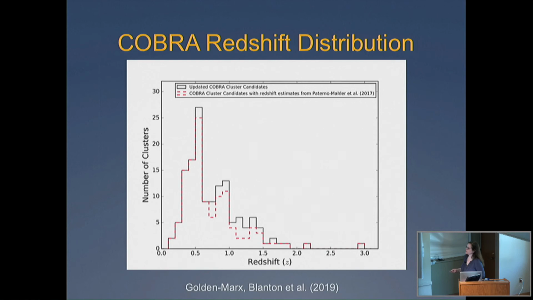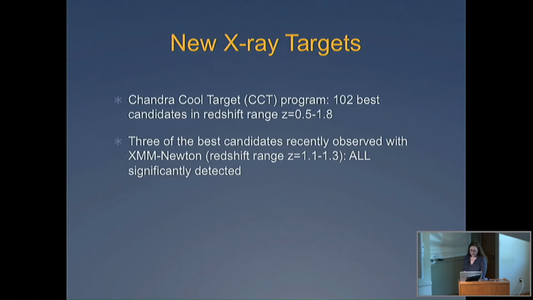You can see that there still are a lot at around a redshift of 0.5 that we're starting to populate these higher redshifts. And the black is the distribution when you combine the optical and infrared. The red is what we just got from just the infrared. So when we have the multicolor information, we can start to fill out this region a little more.